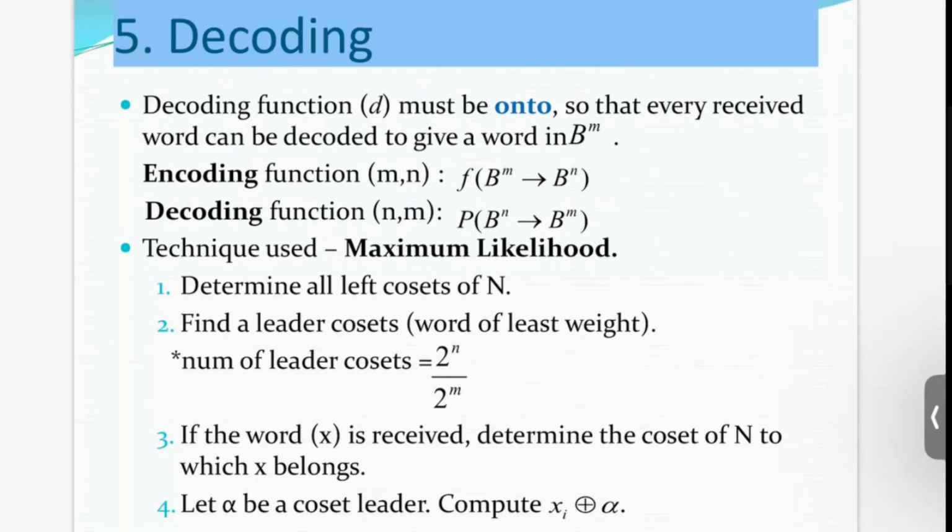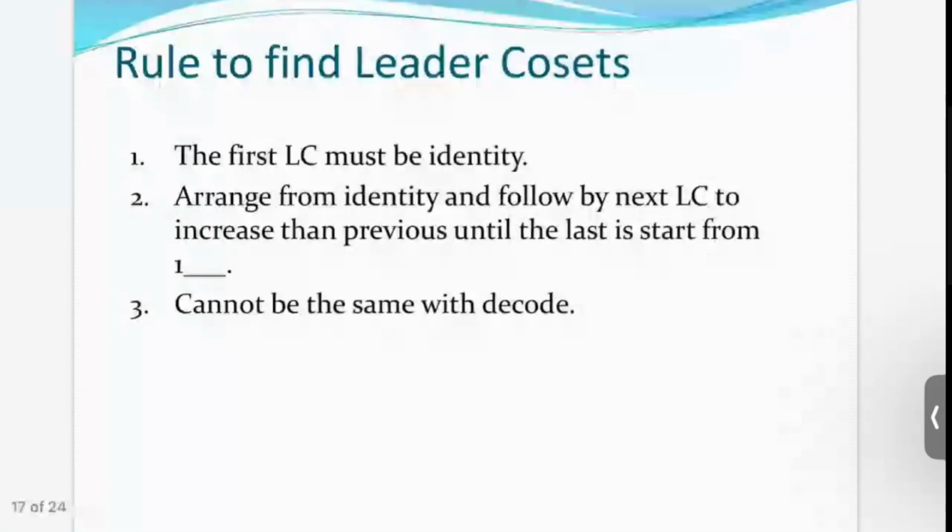Normally the coset leader will be given in the question. Then find the number of coset leaders. Next, when the word X is received, determine the coset of N to which X belongs. Let alpha be the coset leader, and compute the XOR of X and alpha. We will move to the example after this.